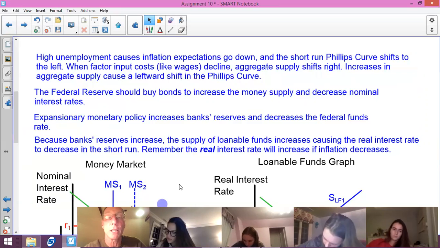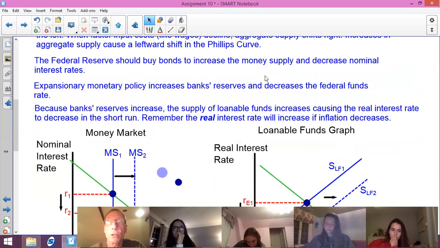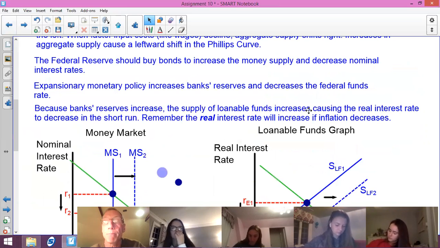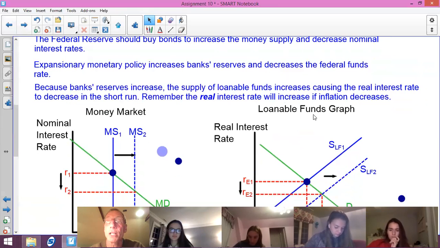The banks' reserves increase, so the supply of loanable funds increases, because banks have more in their reserves, causing the real interest rate, which takes into account inflation, to go down in the short run. Remember, the real interest rate will increase if inflation decreases.